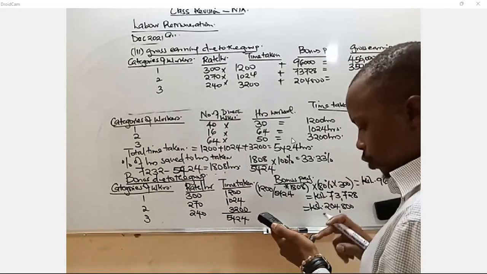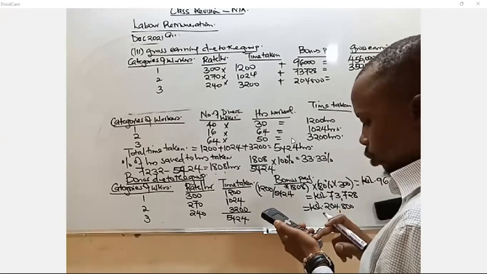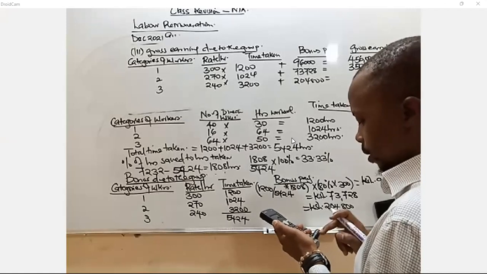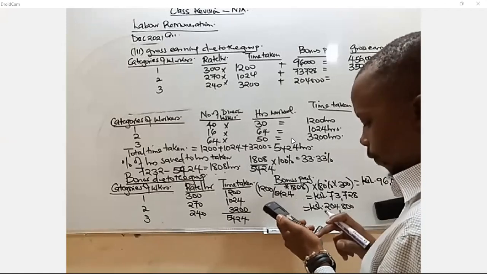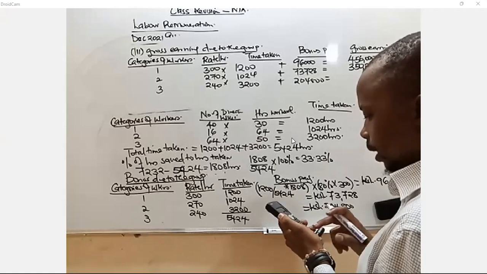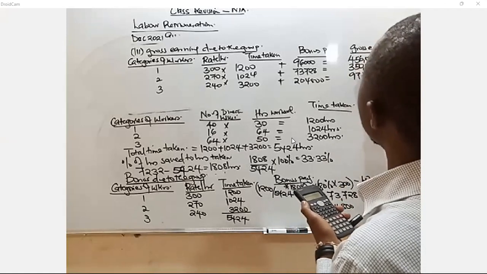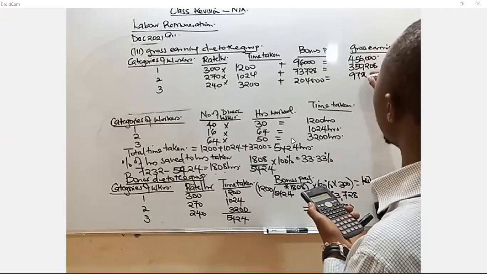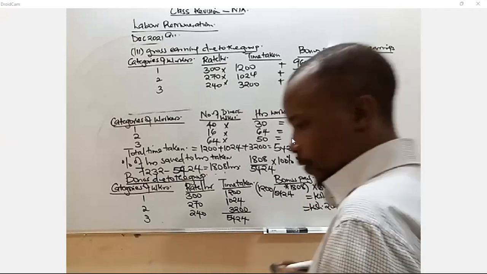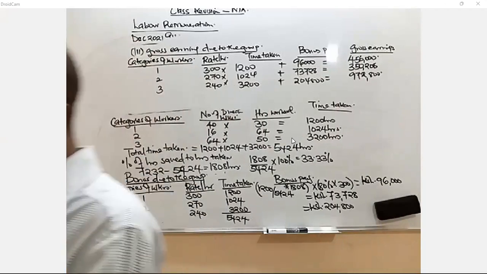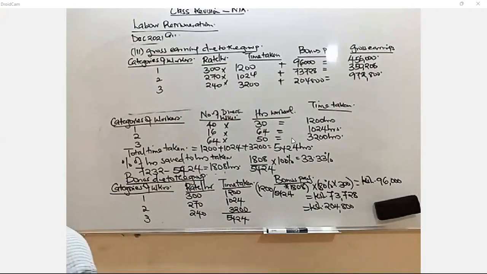Then the last one will be 240 times 3200 plus 204,800, getting 972,800.